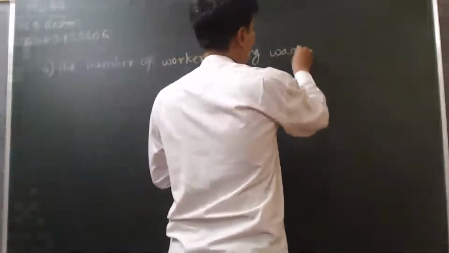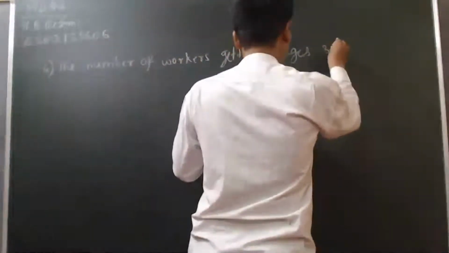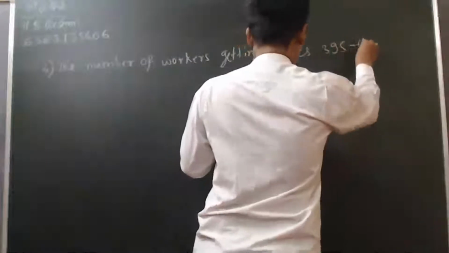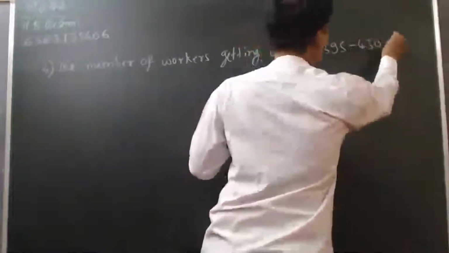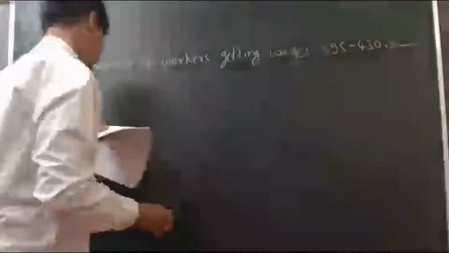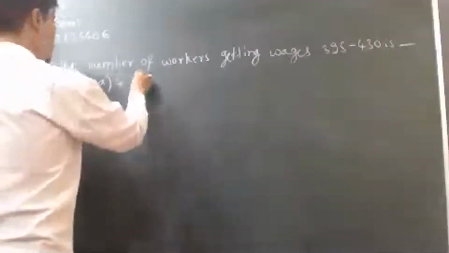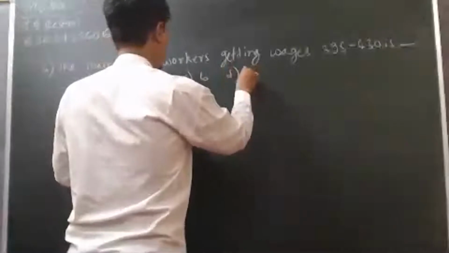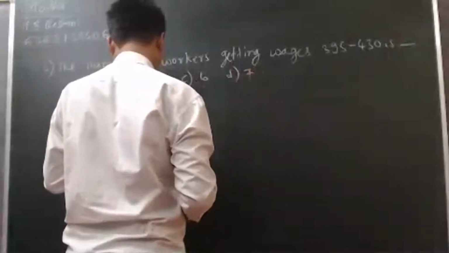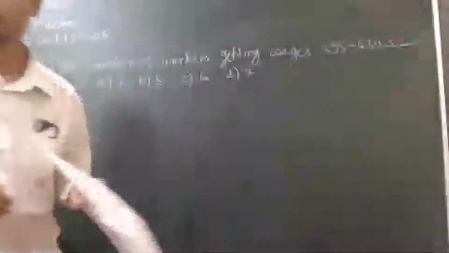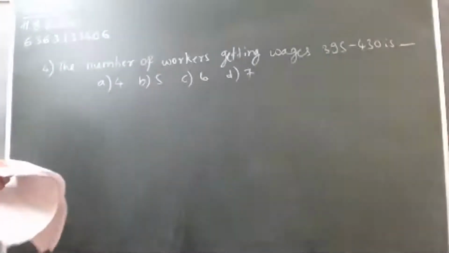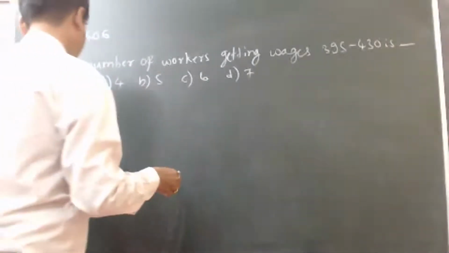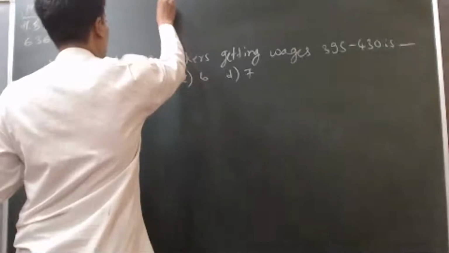The number of workers getting wages 395 to 430 is A, 4, B, 5, C, 6, D, 7. A chart will be given. What is that?